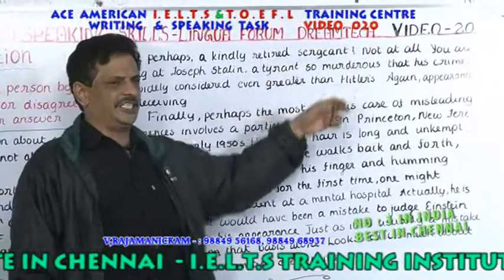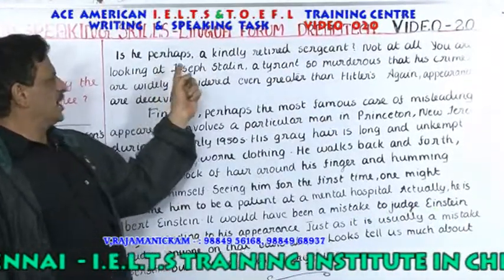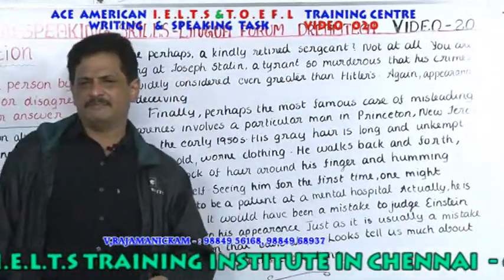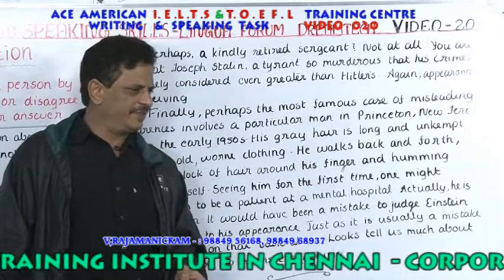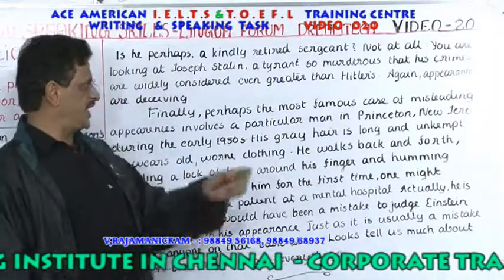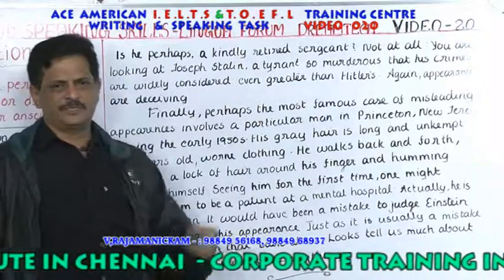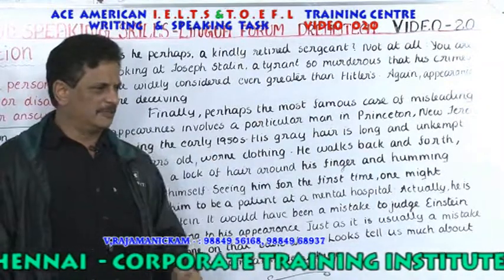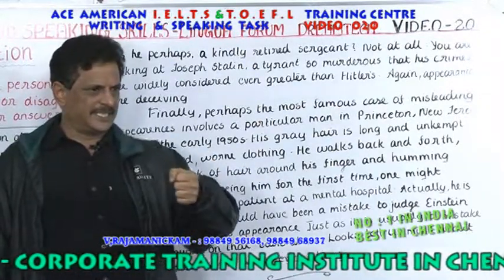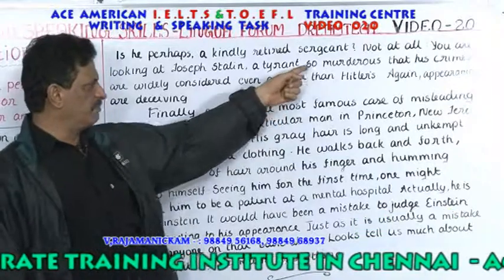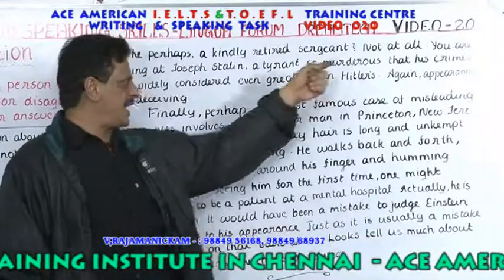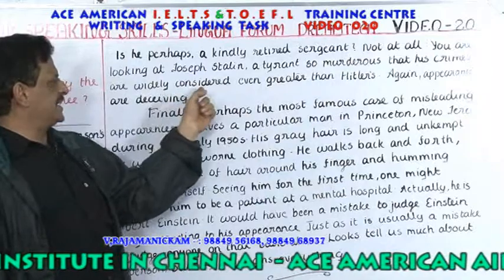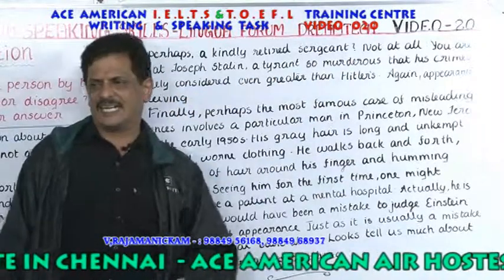Who is he? Not at all. You are looking at Joseph Stalin. Who is he? A tyrant, a ruthless murderer. He is a dictator. He is so murderous that his crimes are widely considered even greater than Hitler's crimes.